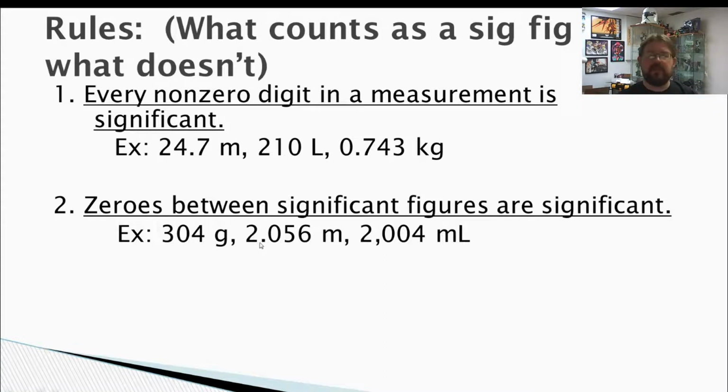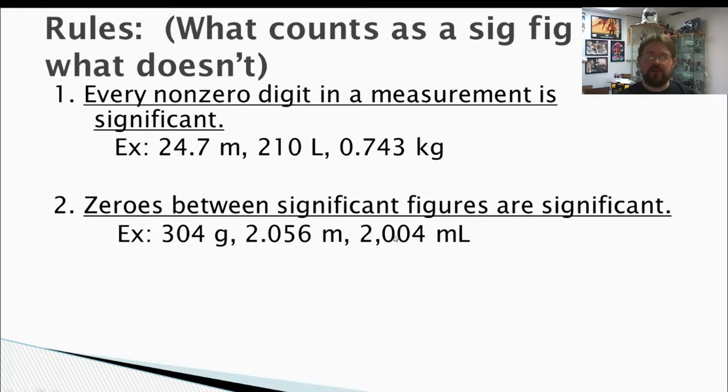Our next measurement, 2.056. The 2, the 5, and the 6 aren't zeros, so rule 1 says they're significant. And this 0 is in between the 2 and the 5, so it's significant. In this measurement, all 4 are significant. And our last one here, 2004 milliliters. The 2 and the 4 aren't zeros, so they are significant.